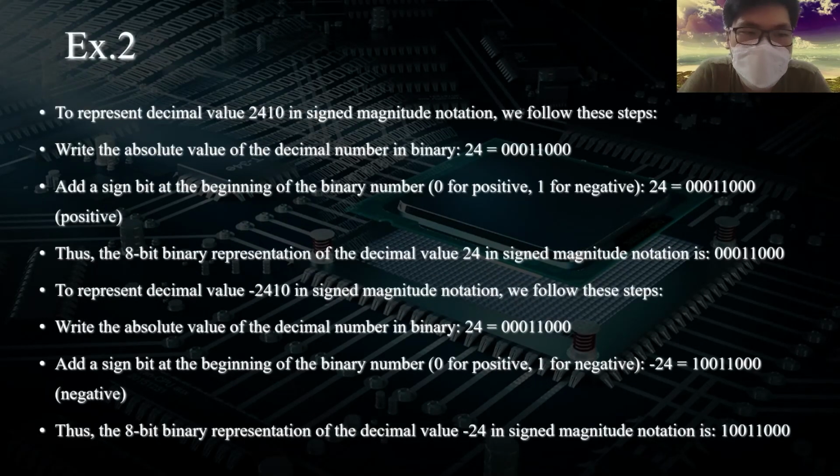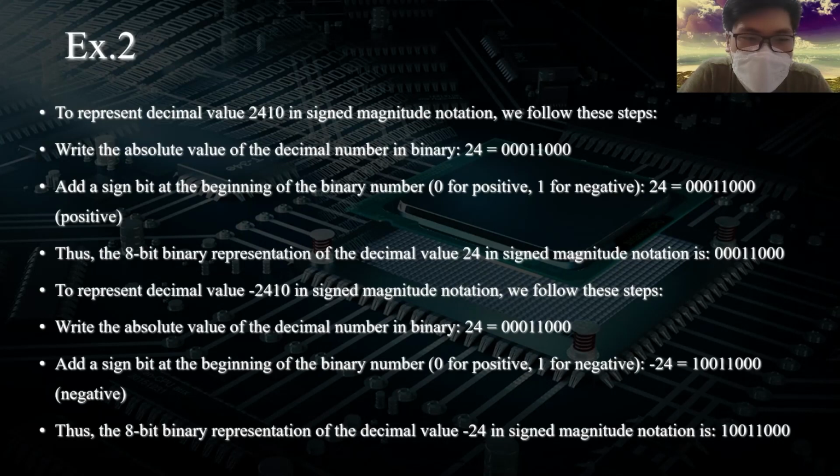Exercise 2, to represent decimal value 24 in sign magnitude notation, we follow these steps. Write the absolute value of the decimal number in binary magnitude, equal to 00011000.